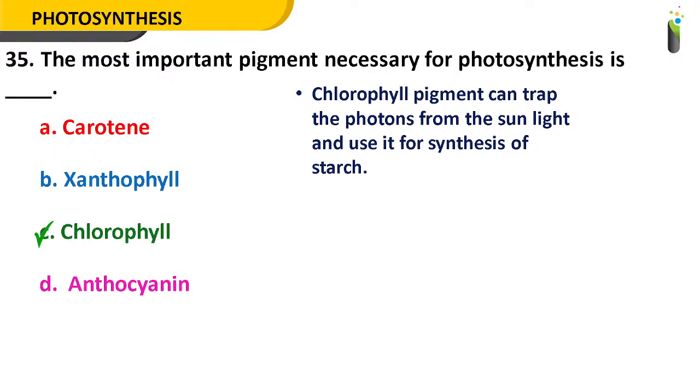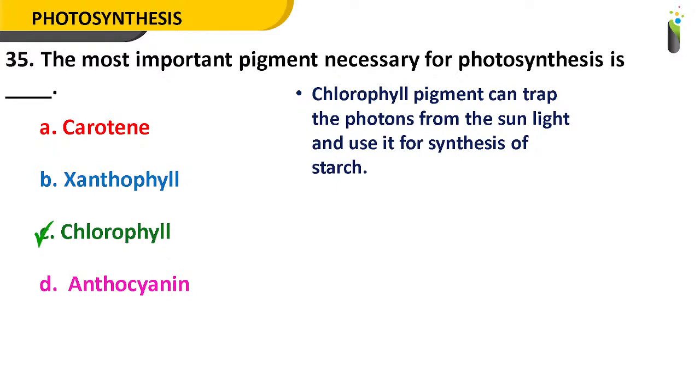Now please remember, photons from the sunlight carry the energy, and this energy is harnessed by the chlorophyll pigment with the help of carotene and xanthophyll, and this energy from the photon is transferred to its electron.